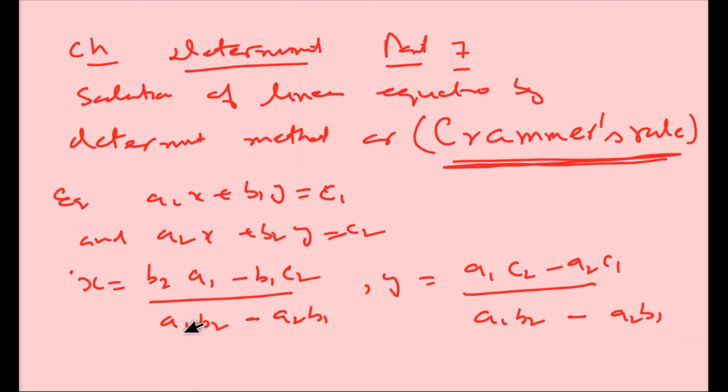Now our topic is the determinant form of Cramer's rule. You can see how we can write these in determinant form. a1 b2 minus b1 c2, we can write this way: x equal to the determinant with rows c1 b1 and c2 b2, upon the determinant with rows a1 b1 and a2 b2. If you solve this, we get the same thing.